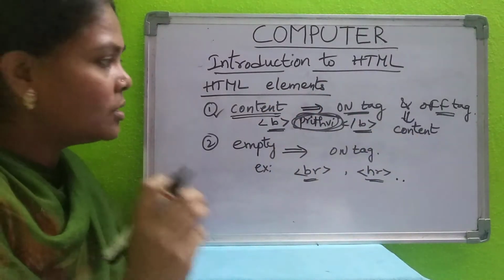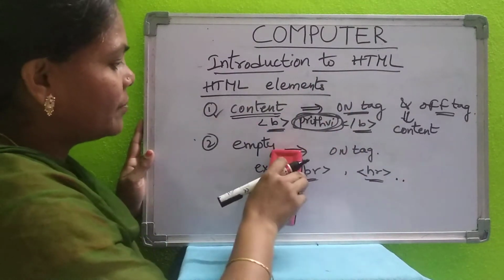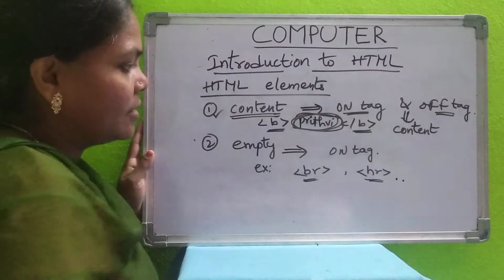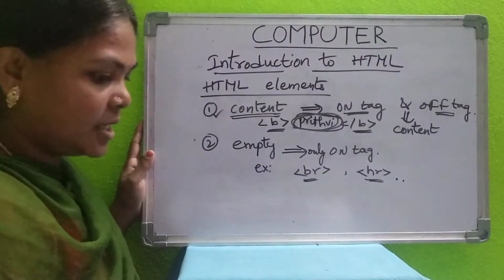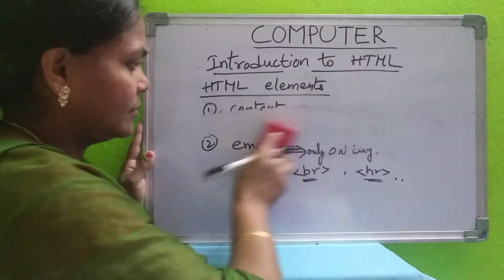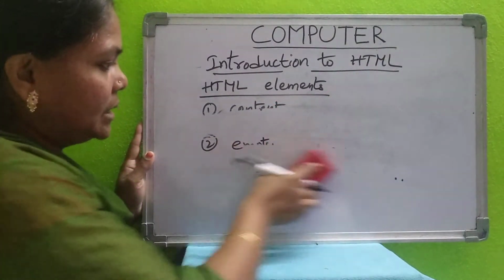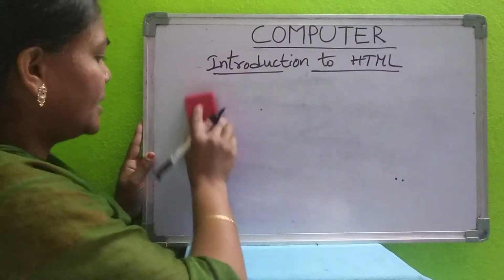So that is a content element. For empty elements, no off tag, only an on tag, and we don't write any content there because it is empty. So these are the HTML elements.